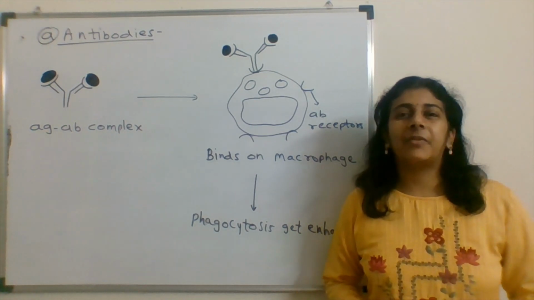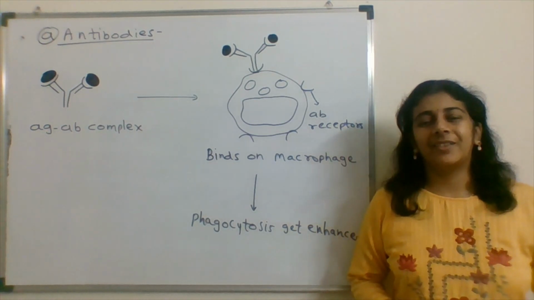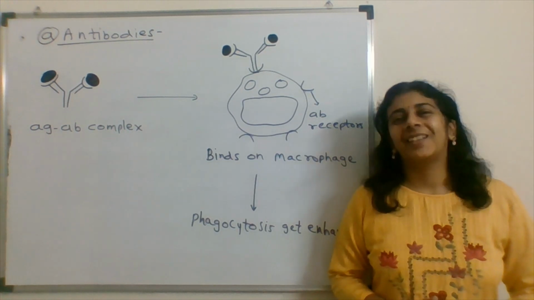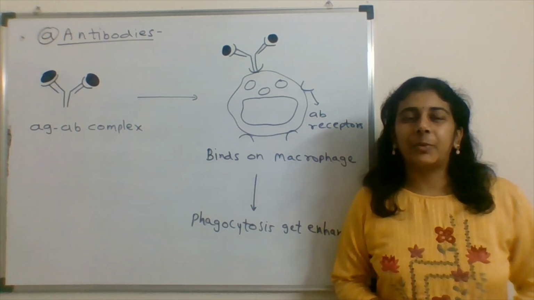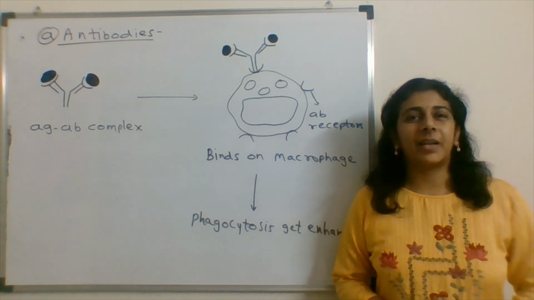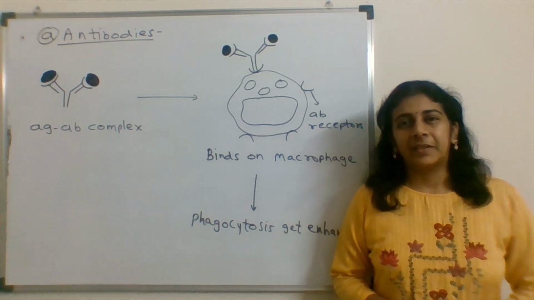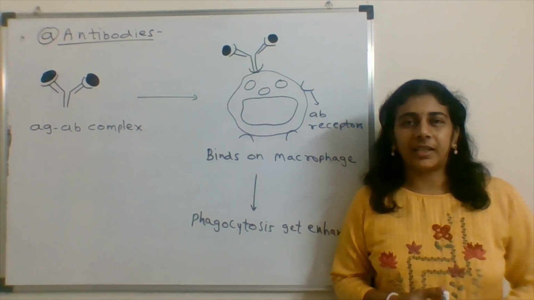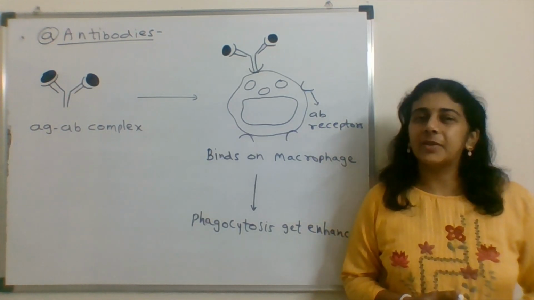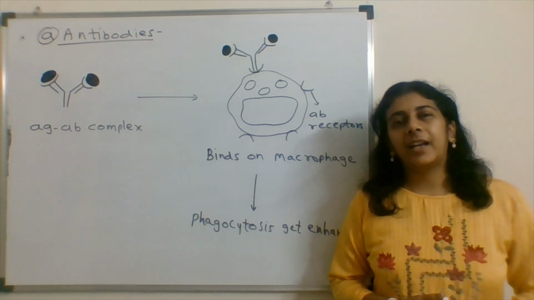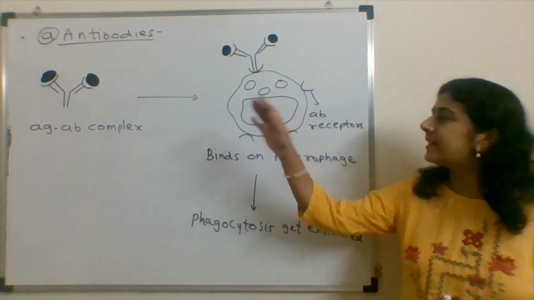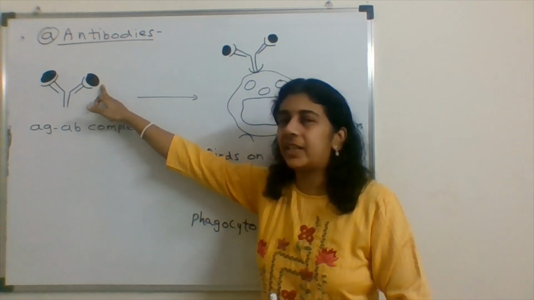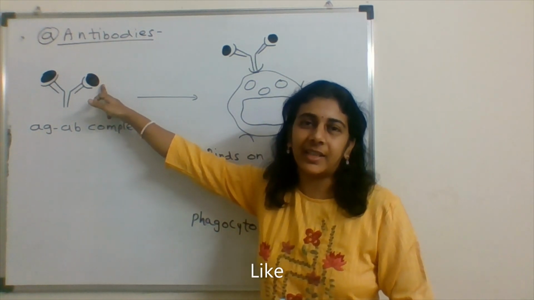So discussing every option individually, first starting with option A, that is antibodies. Antibodies are the glycoproteins which are synthesized by the B cells. If an antibody combines with an antigen, it may be a bacterial antigen.